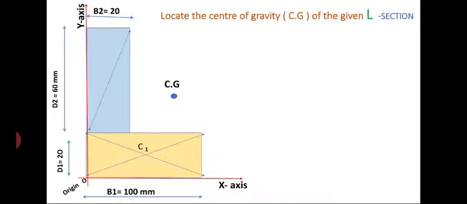Here C1 and C2 are the individual centroids, whereas CZ is the center of gravity of the entire L section at a distance of xc from the y-axis and yc from the x-axis.